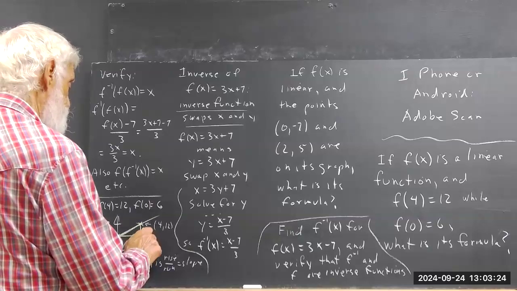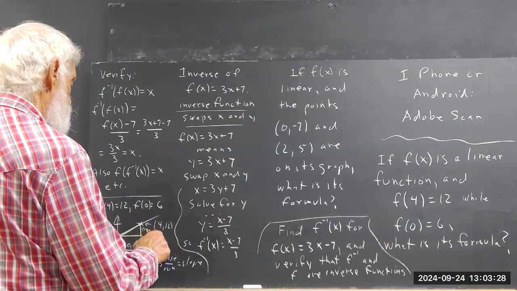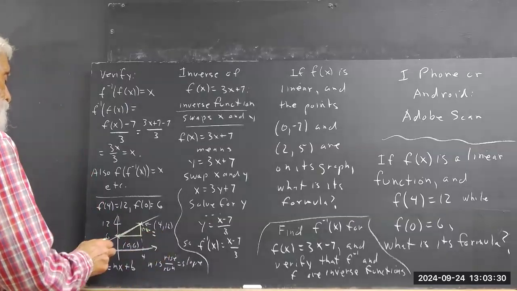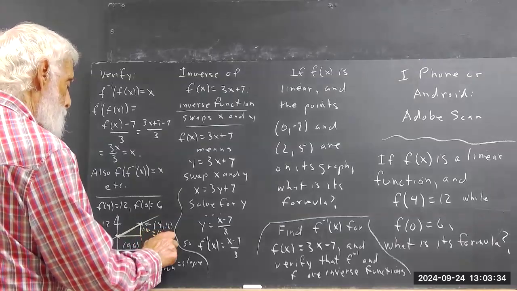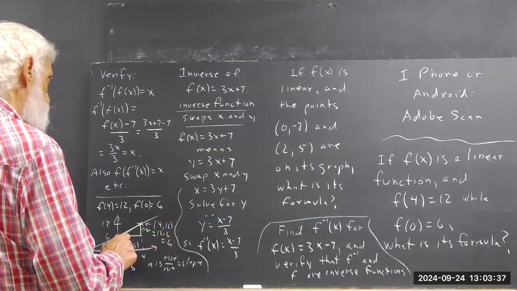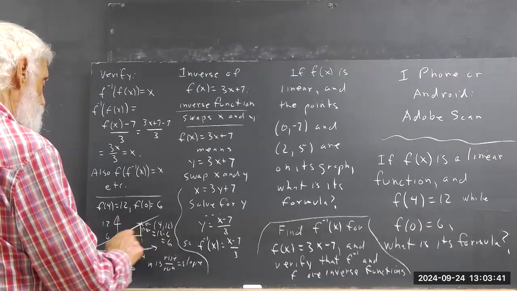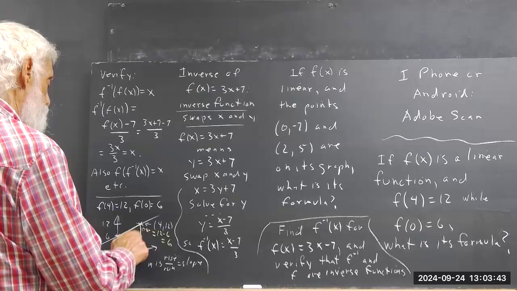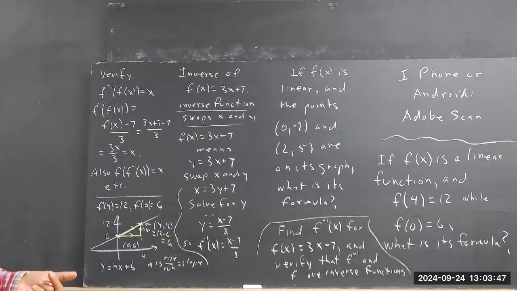Well, the rise is what? y goes from 6 to 12 here. 12 minus 6 equals 6. And the run goes from here to here. Now, did we draw the triangle with the arrows and stuff?